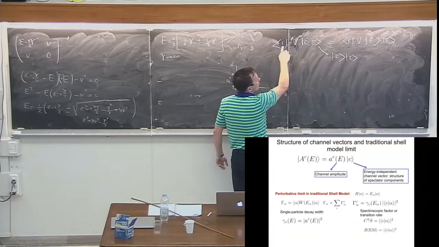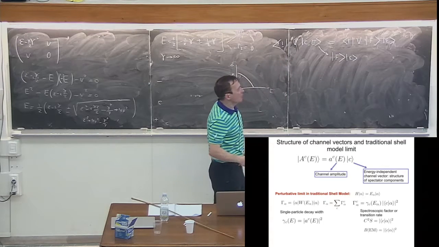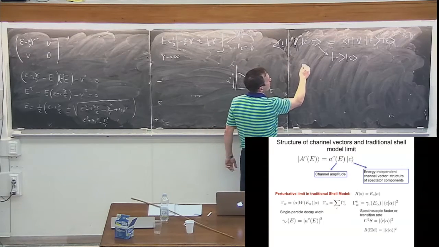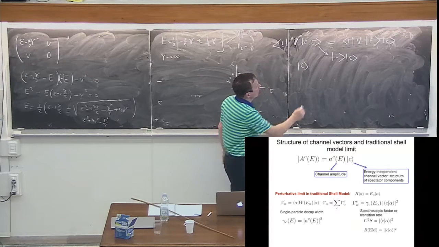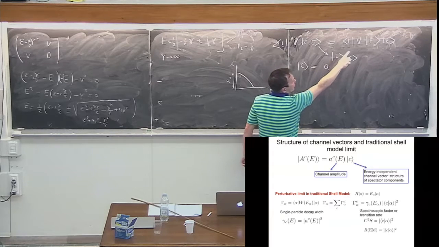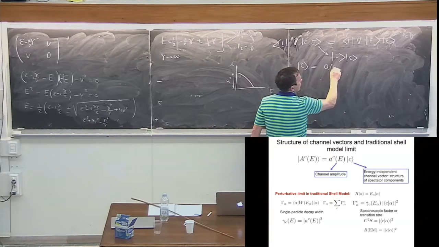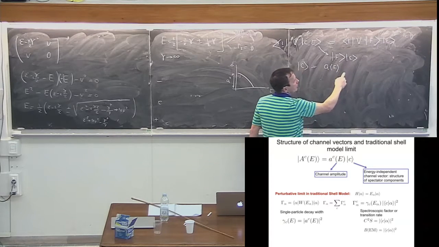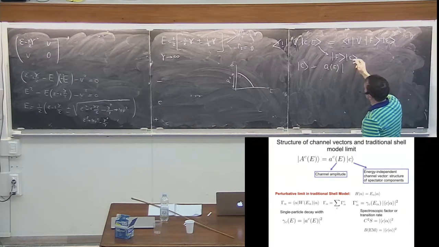So if you go through all the bases, and this one is a basis state, therefore you can think of this channel as a state in my P space, which is just some amplitude A for this one being removed, which depends on this energy E, multiplied by some fixed state.